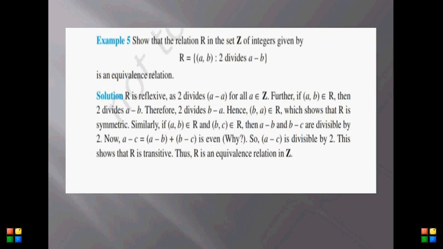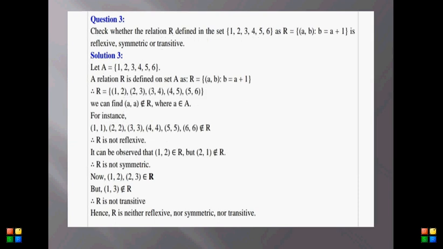Okay, clear? Then question number 3. This is an NCERT book exercise question. Check whether the relation R defined in the set {1, 2, 3, 4, 5, 6} as R = {(a, b) : b = a + 1} is reflexive, symmetric and transitive.